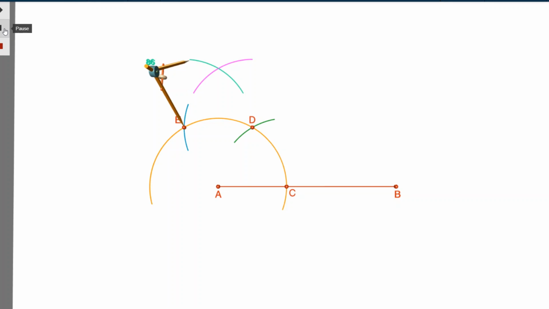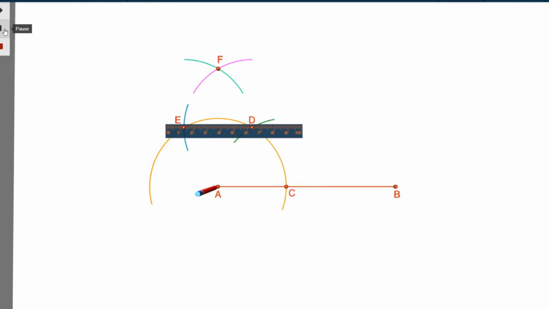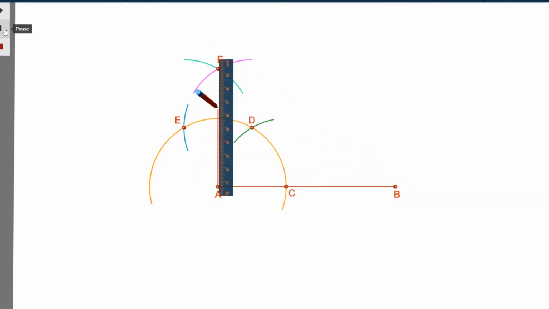With center E and the same radius, draw an arc to cross the previous arc at point F. Now join AF.